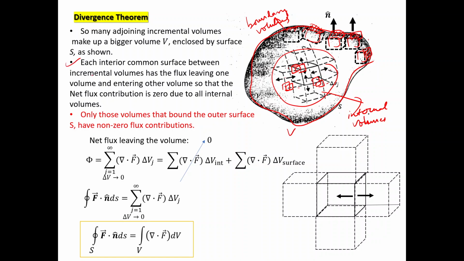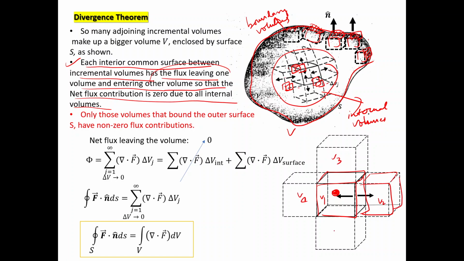Then the second point says that each interior common surface between incremental volumes has the flux leaving one volume and entering the other volume, so that the net flux contribution is 0 for all internal volumes. Let's see here. Suppose a source is present here. This is one volume, let's say V1, and there are other adjoining volumes V2, V3, V4, V5, and they have common surfaces.